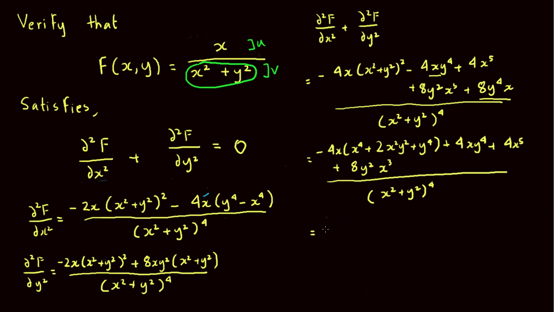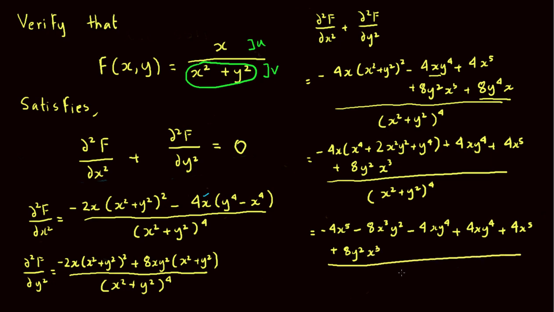Okay, so what happens, we would end up having 4x to the power of 5 minus 8x cubed y to the power of 2 minus 4xy to the power of 4 plus all of these terms, right? So 4xy to the power of 4 plus 4x to the power of 5 plus 8y squared x cubed.